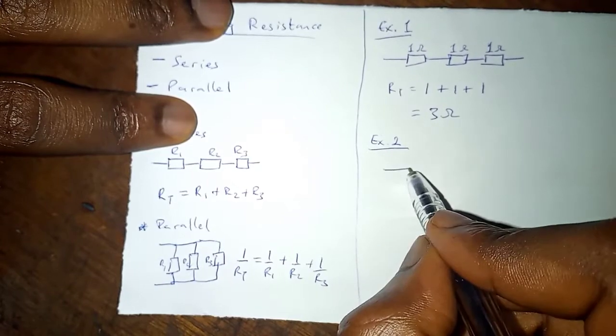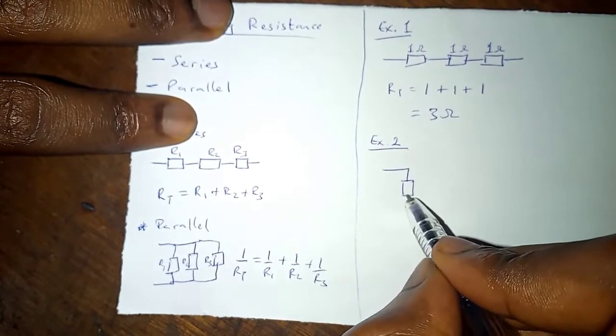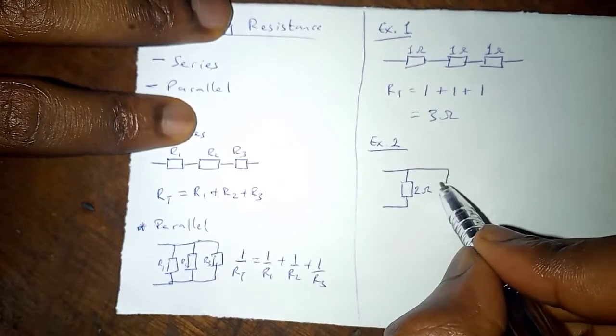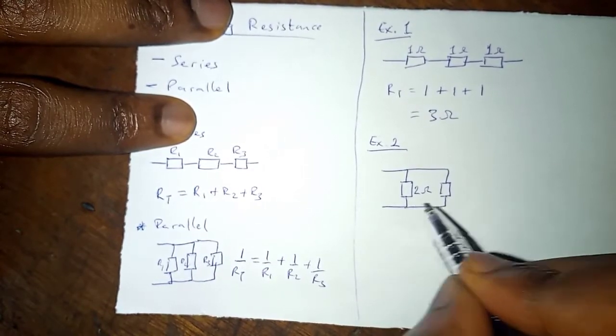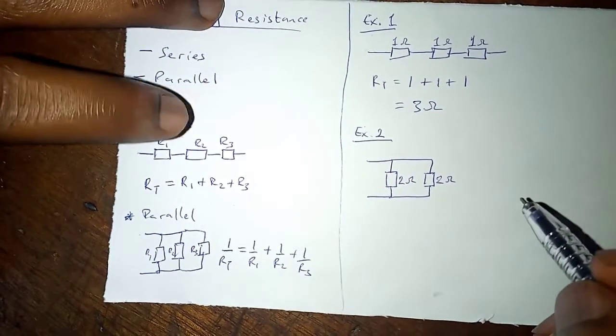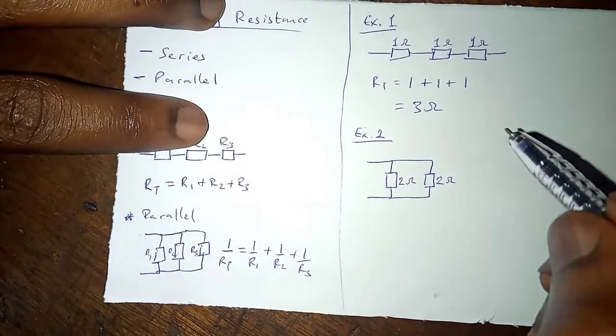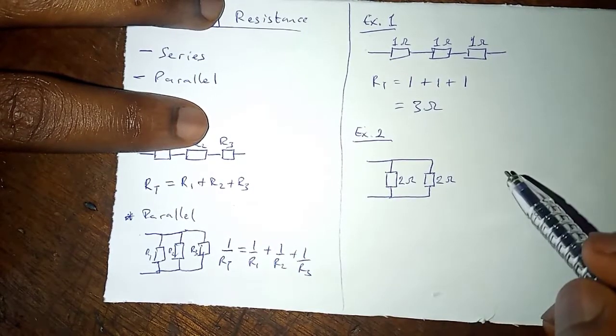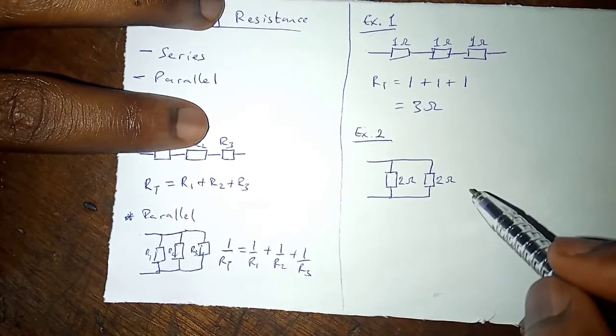Find the total resistance if you have 2 resistors of 2 ohms each connected in parallel. One thing you should always note about parallel connections is that your total resistance can never be higher than the smallest resistance in that parallel circuit.